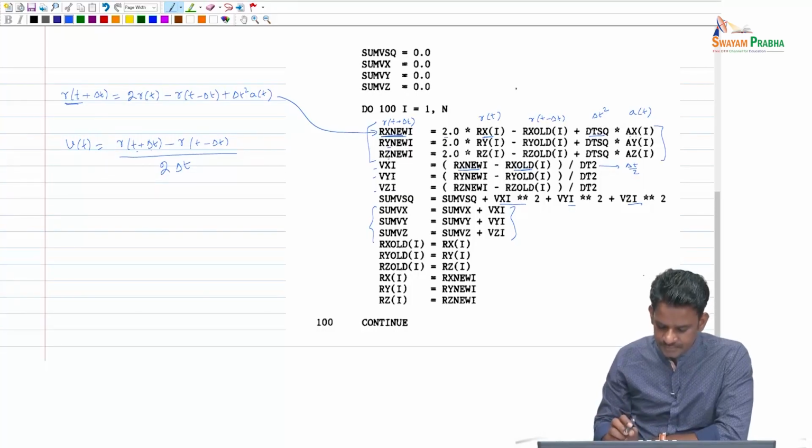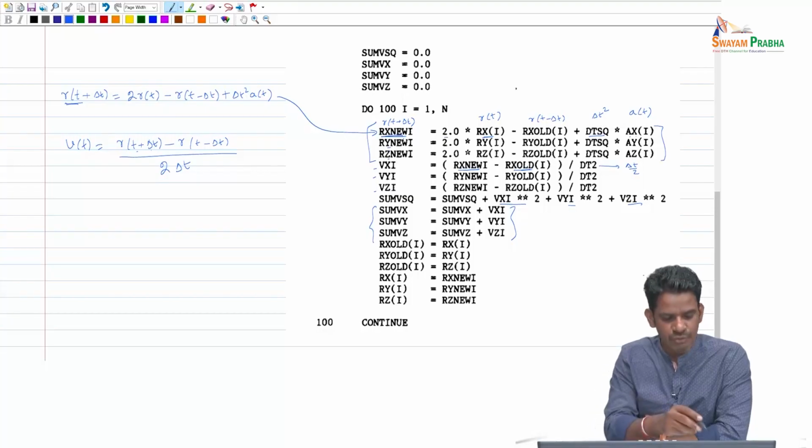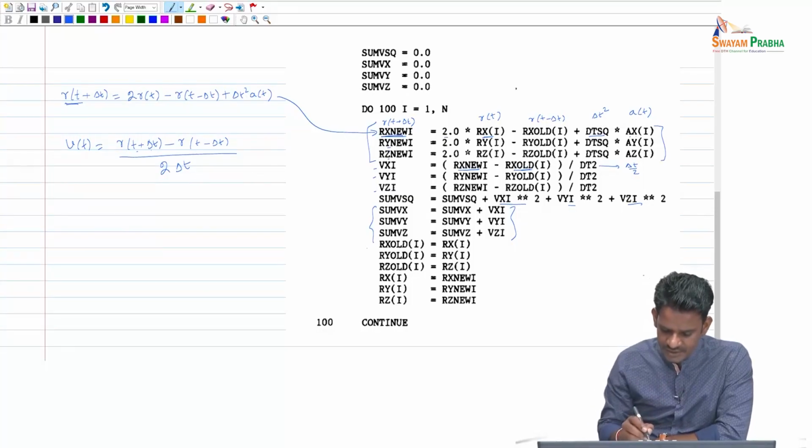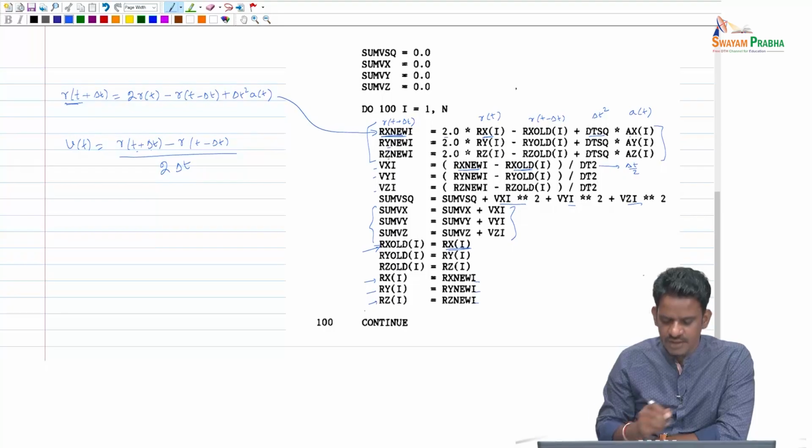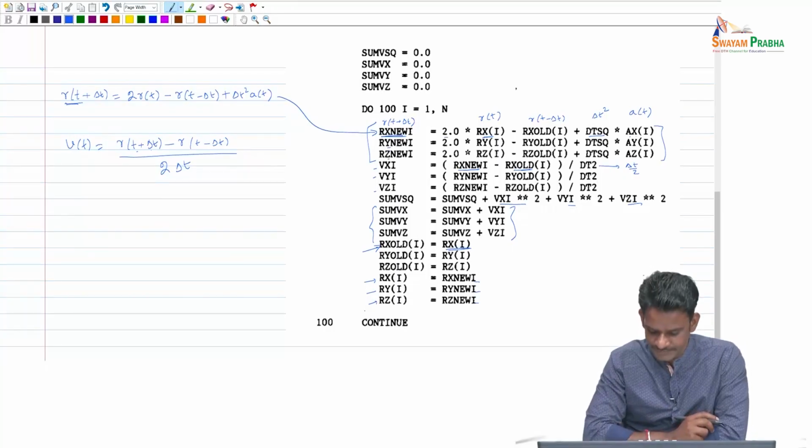At this point, after updating the position, we have to store the new positions. So, what we are trying to do here is we are basically updating the Rx old with the current position, that is at t, for all x, y, z components, and then whatever we have calculated at t plus delta t, that we are storing as the current positions.